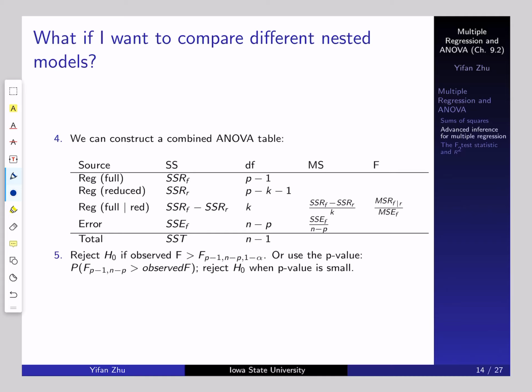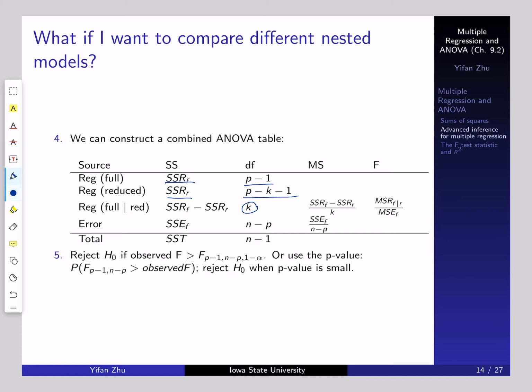We have SSR_F and SSR_R for the full model and the reduced model. The numbers of predictors for these two models are p minus 1 and p minus k minus 1 respectively, and there are k extra parameters in the full model. The source means the source of variation.